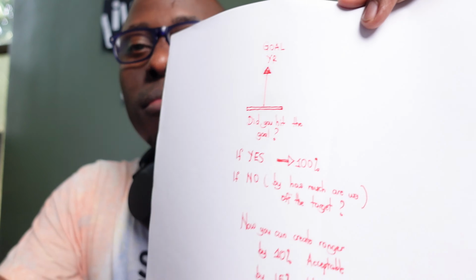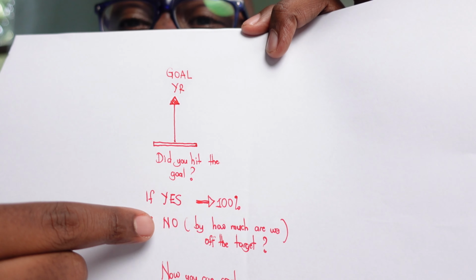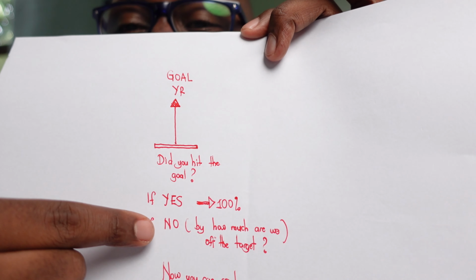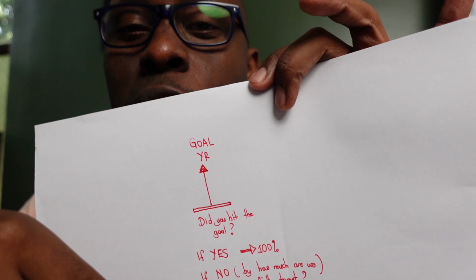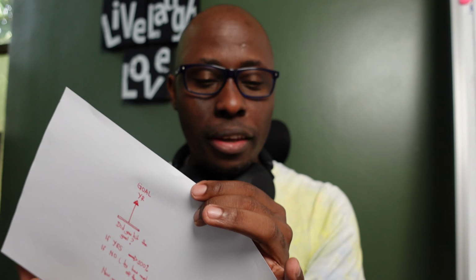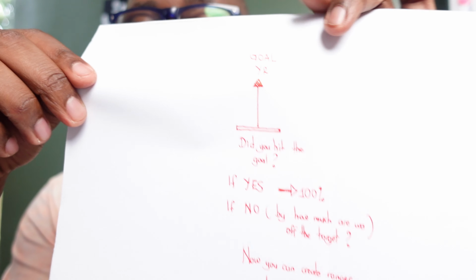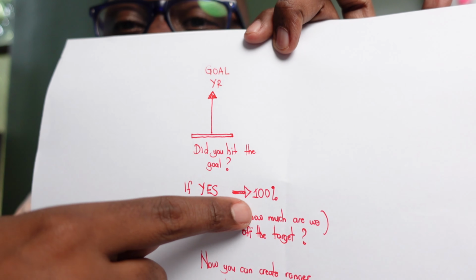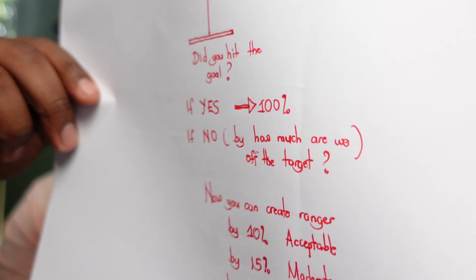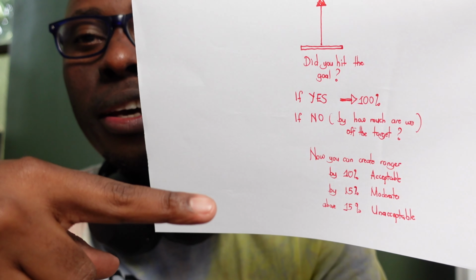Now that is how you would do it. And what happens if you don't? Then if no, the question becomes, how far off the target are we? Then you ask yourself what is acceptable behavior and what is not.